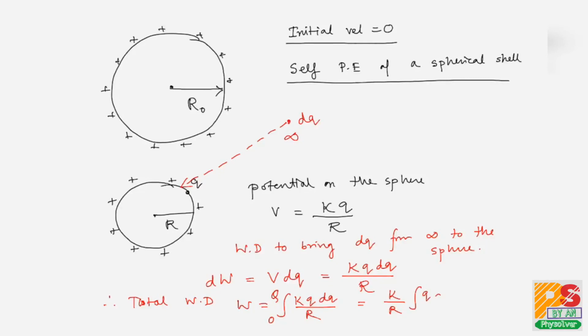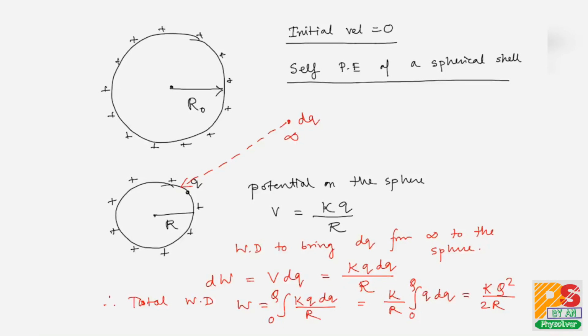Integration of q dq from 0 to Q gives kQ square by 2r. Therefore this is the formula for self potential energy of a spherical shell, right?